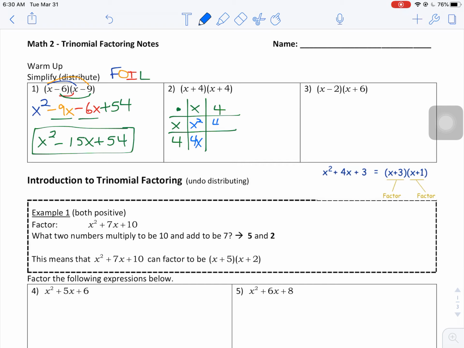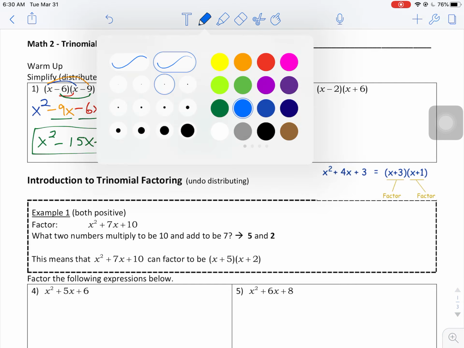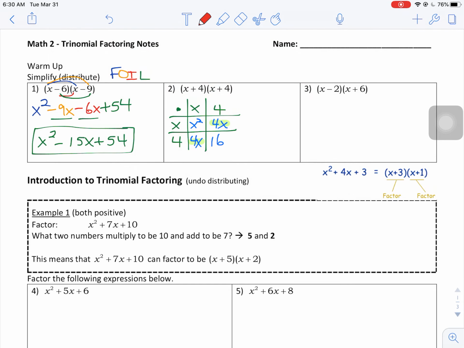X times 4 is 4x. 4 times 4 is 16. And then when you're doing this, you have to add your like terms. So at the very end, we get x squared plus 4x plus 4x is 8x plus 16. So that would be our final answer, highlighted in yellow.